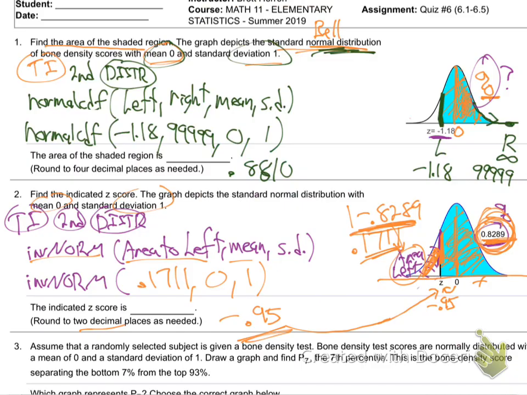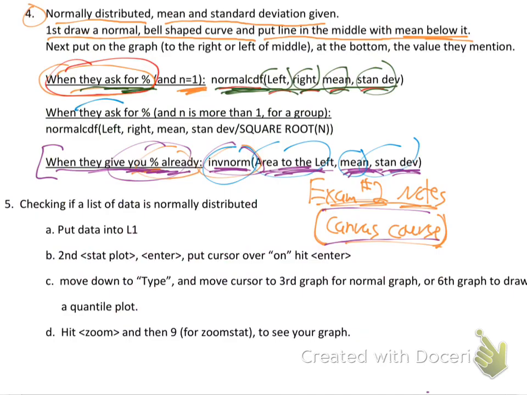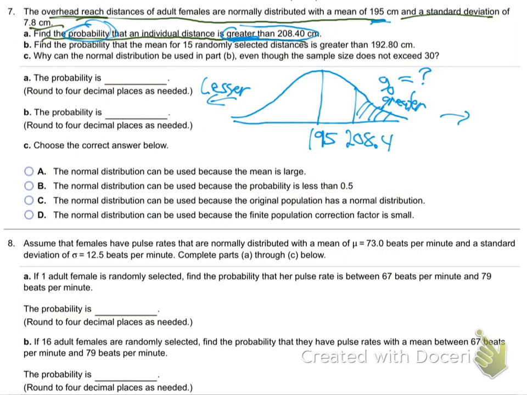Let's go back. When they ask for percent and n is 1, it's normal CDF: left, right, mean, standard. So I'm going to go normal CDF, left, right, mean, standard.